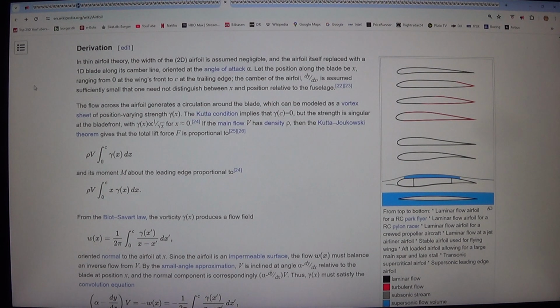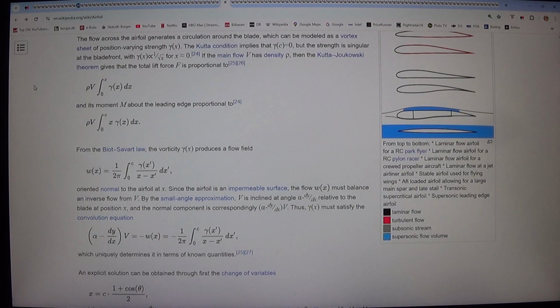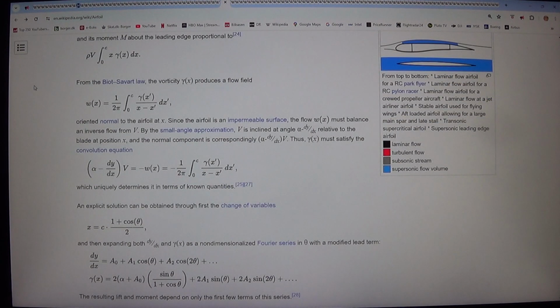The flow across the airfoil generates a circulation around the blade, which can be modeled as a vortex sheet of position-varying strength gamma(x). The Kutta condition implies that gamma(c) equals 0, but the strength is singular at the blade's front, with gamma(x) proportional to 1 over square root of x for x almost equal to 0.